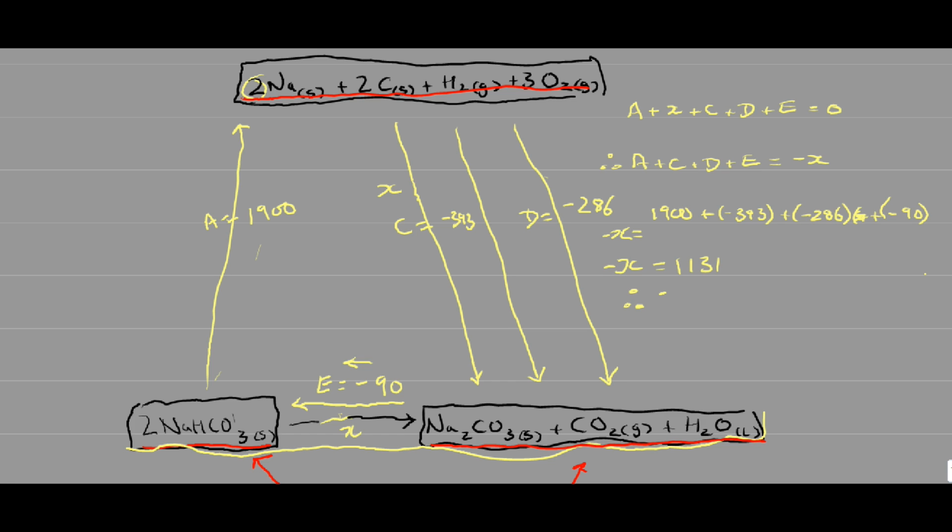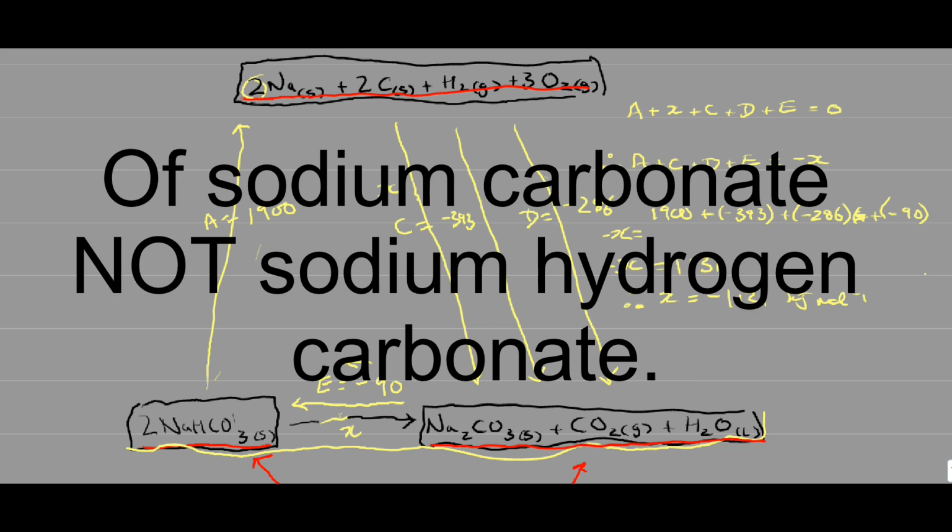Therefore, x equals minus 1131 kilojoules per mole, because I'm making 1 mole of sodium hydrogen carbonate, and it's the delta H of formation of sodium hydrogen carbonate.